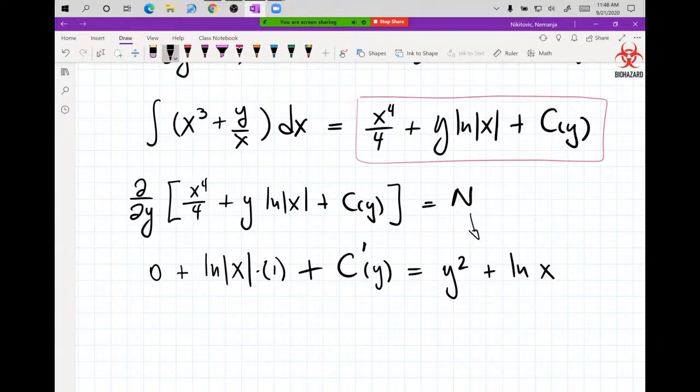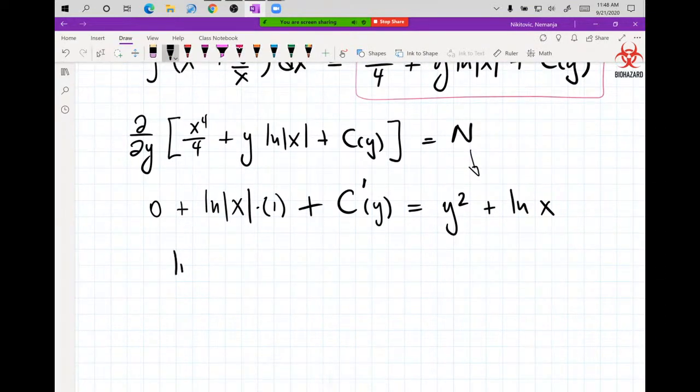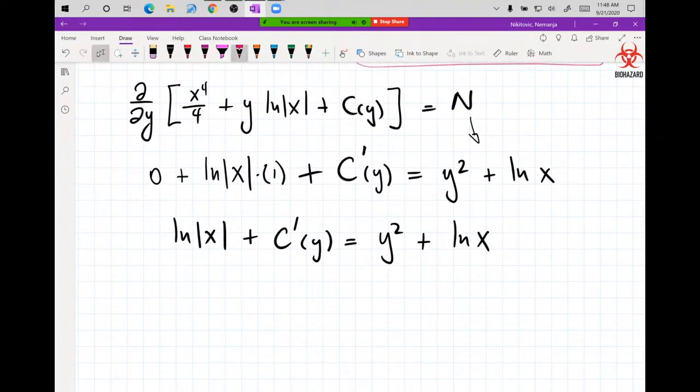So I have ln x plus c prime of y equal to y squared plus ln x. Ln x will cancel on both sides, and you have your c prime equal to y squared.